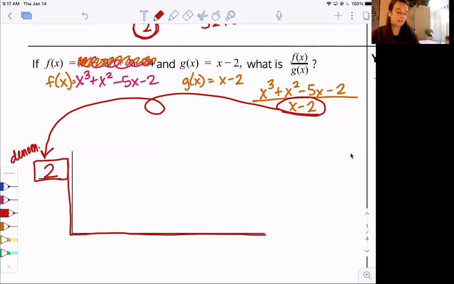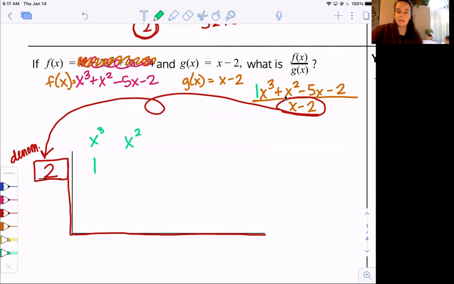Now I'm going to take the coefficients of the numerator, and I'm going to put them along the top. Coefficient meaning the number that is in front of it. There is a number 1 in front of x to the third, so I'm going to put a 1 right here. Those are my x to the third. Now I need to do x squared.